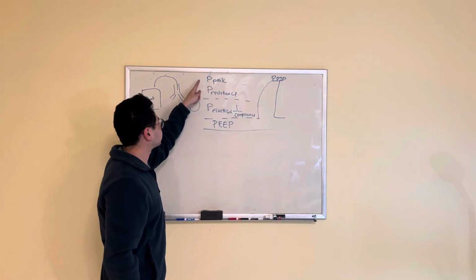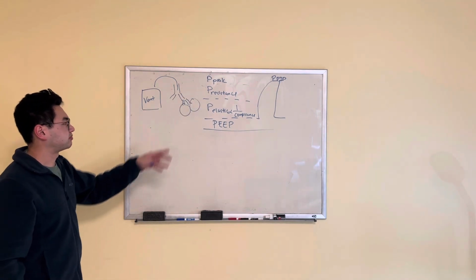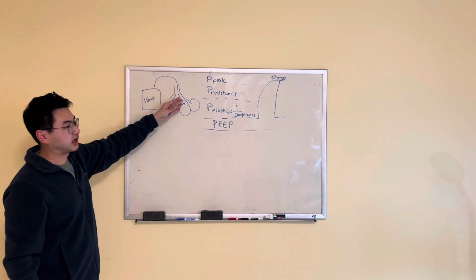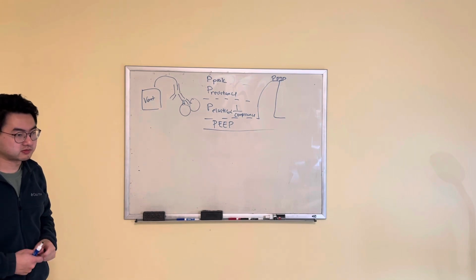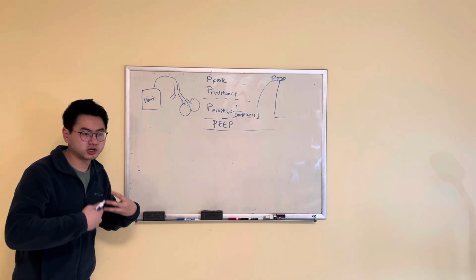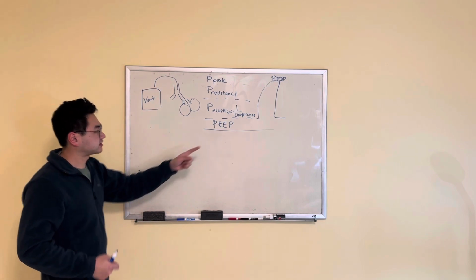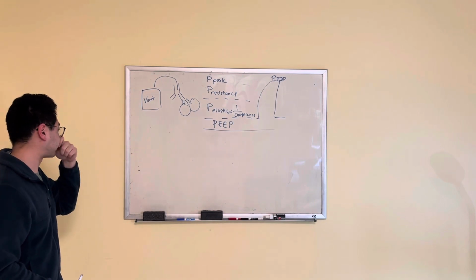So let's think about how we can calculate these two other pressures when we have the peak pressure. The peak pressure opens up the airways and opens up the alveoli and the lung as well. And that's what you get when you get a maximum breath. And that's the peak, and it occurs for only a momentary time.